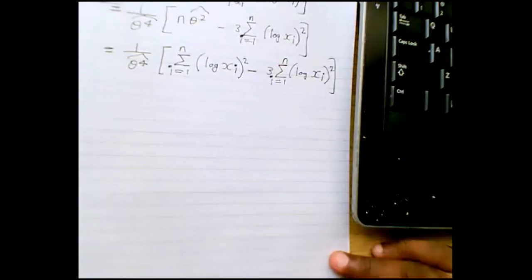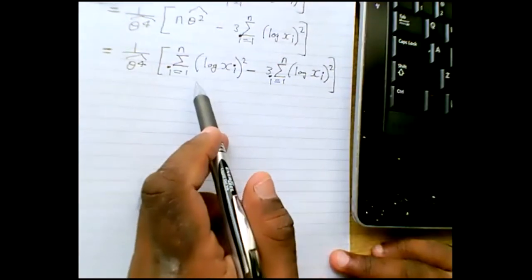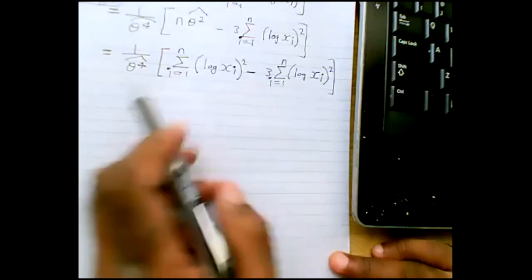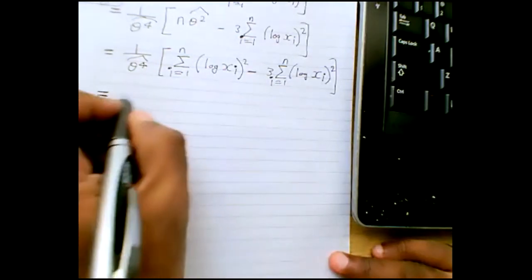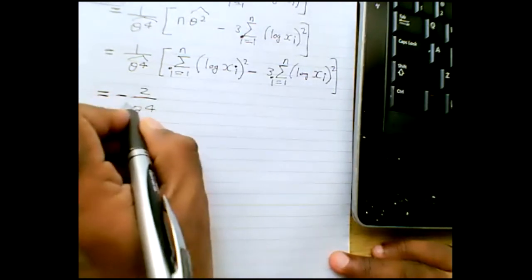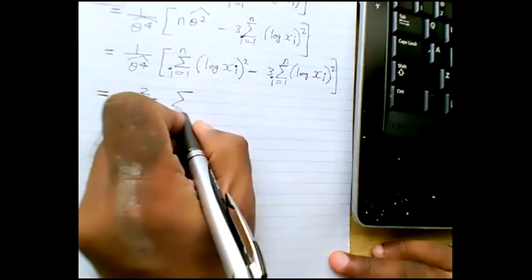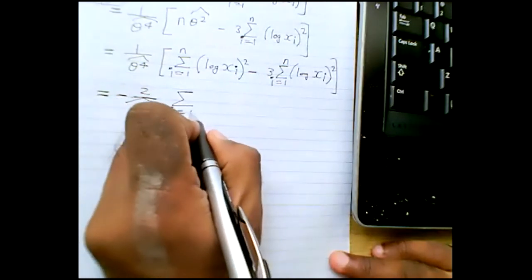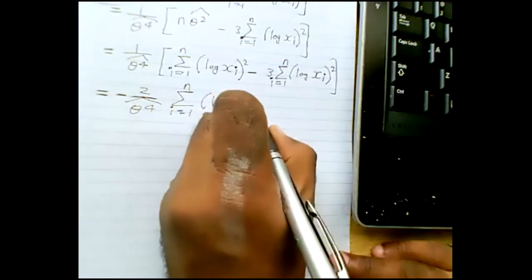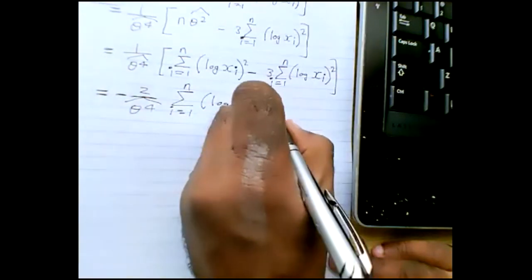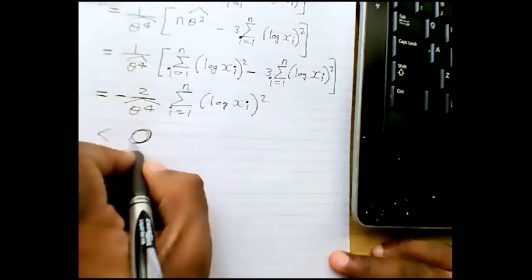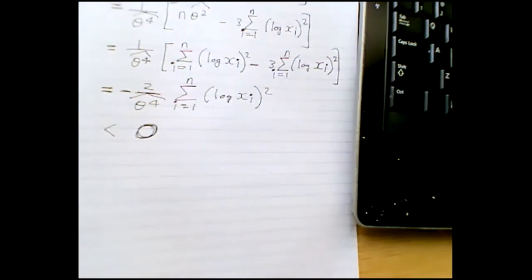All right, now what you see here is you have this term minus 3 times the same term, so this is clearly minus 2 times this, right, and this is clearly negative, right?